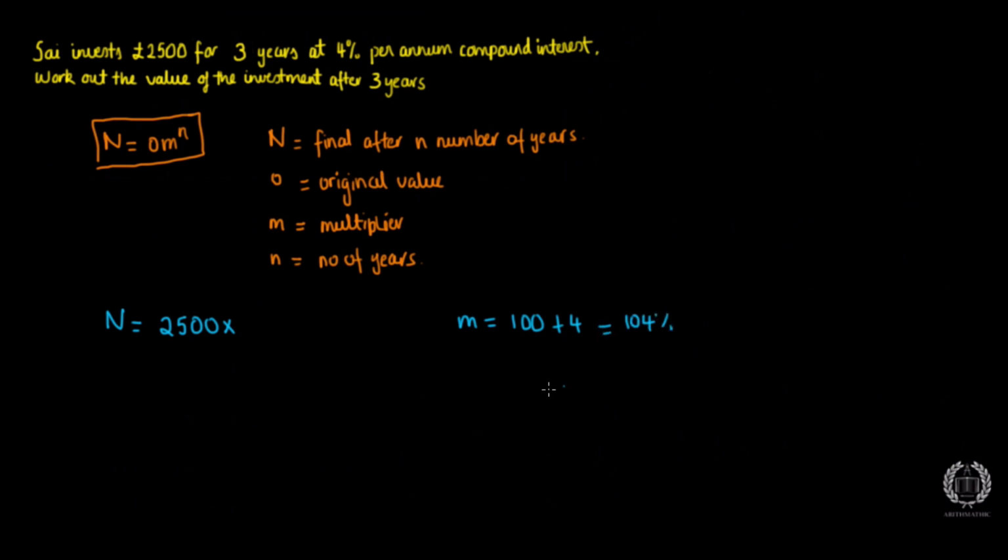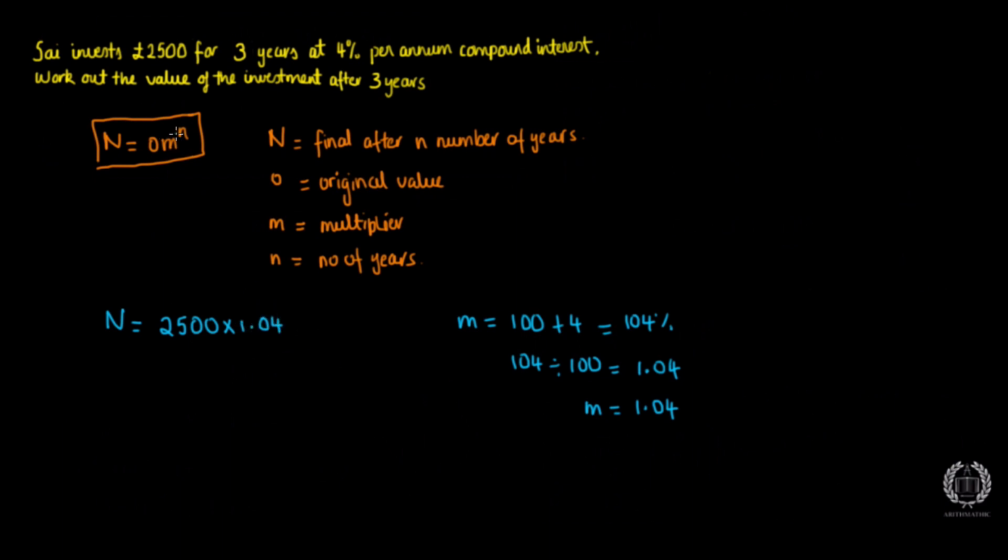But because the multiplier is in decimal, we want to convert that percentage into decimal. So we do 104 divided by 100, because that's what you do when you want to convert percentages to decimal. That gives you 1.04. So therefore your multiplier, or your M value, is 1.04, right? So I take this 1.04 and put it in my M.